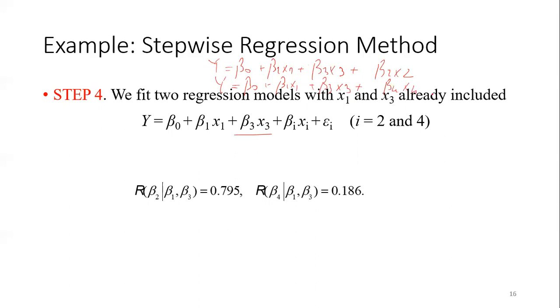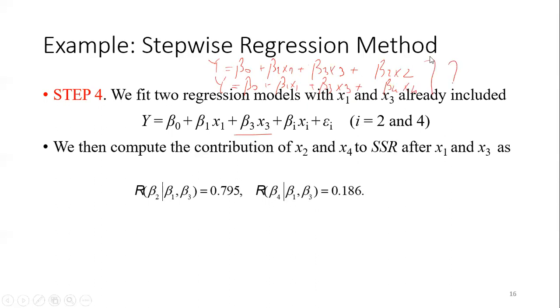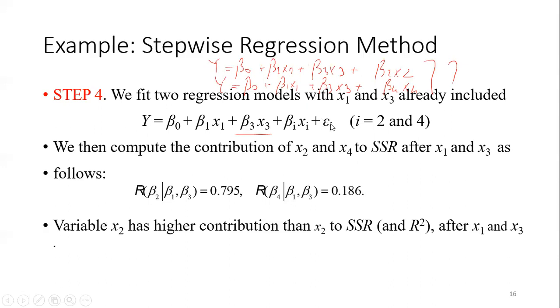So which one to choose? How can we make this choice? We can check the largest R square, or find this one. Again, let me write how to find this: R of beta 1, beta 2, beta 3 minus R of beta 1, beta 3. So what does this say?